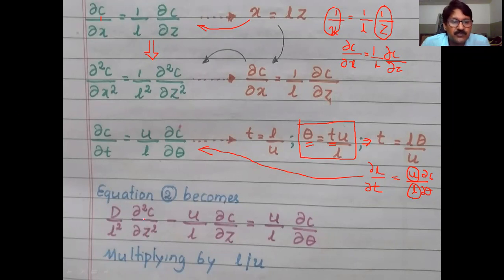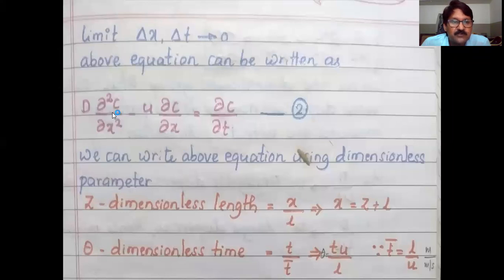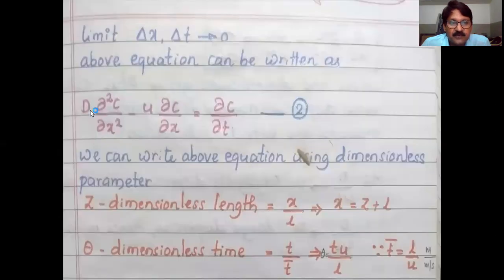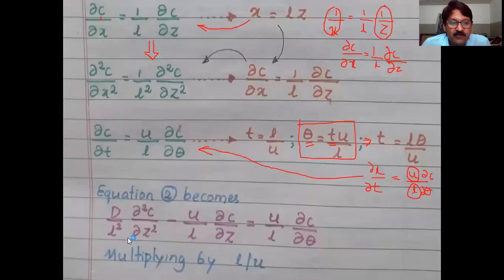Now you substitute this value in the above equation. You can see here what is there in the above equation: dou c by dou x square. You substitute the value of dou c by dou x square and dou c by dou t. What is dou c by dou x square? D, you have to write.